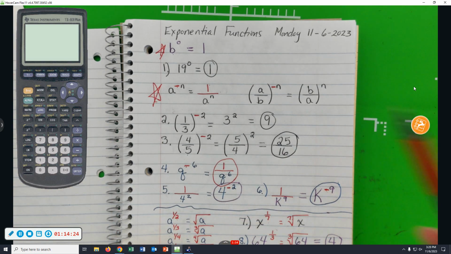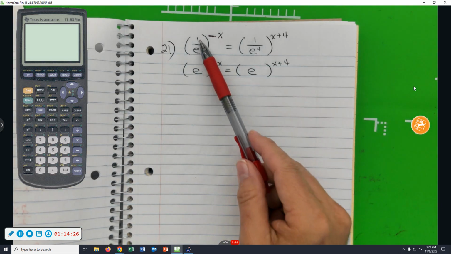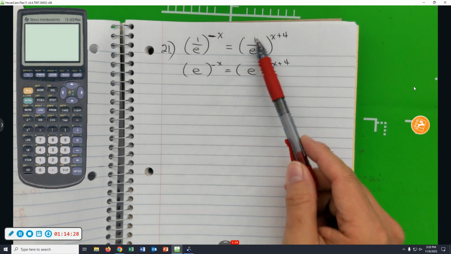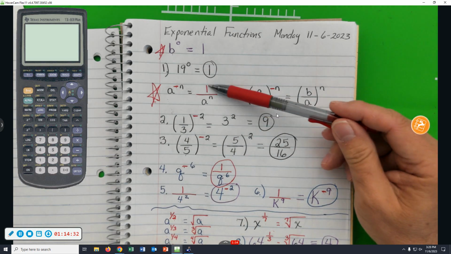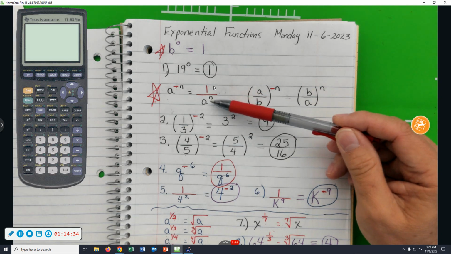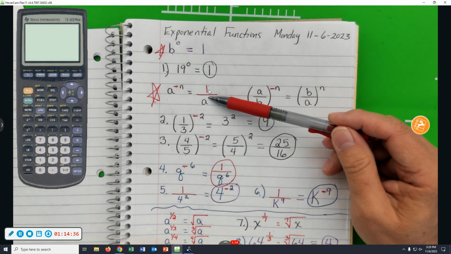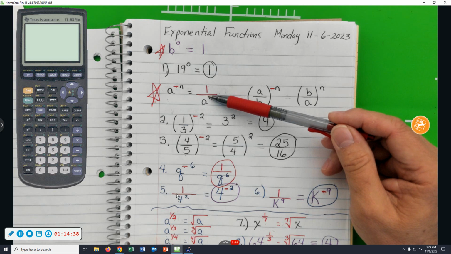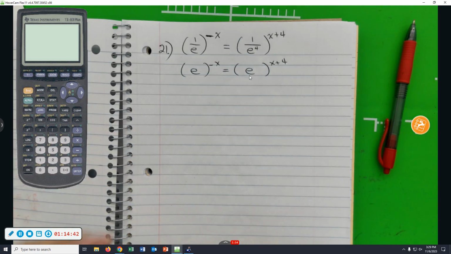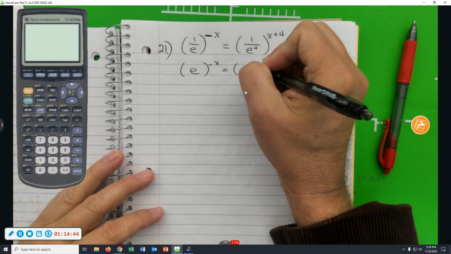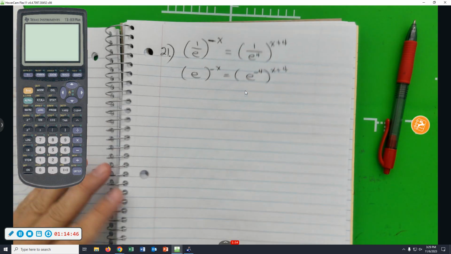We're going backwards. We have 1 over e and 1 over e to the fourth. Let's do that 1 over e to the fourth. I drop the 1 over. And what happens to that power of 4? It becomes negative. So that 1 over e to the fourth is an e to the negative 4.